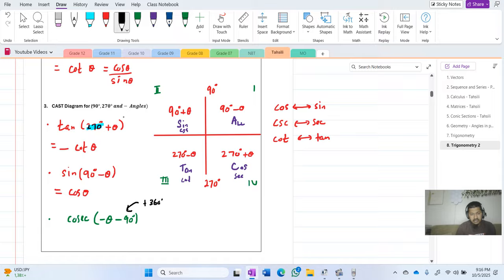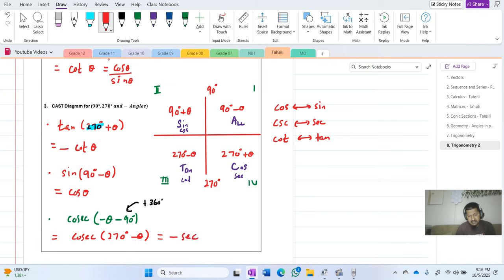So that becomes cosec of 360 minus 90 is 270 minus theta. Now 270 minus theta is in the third quadrant, and cosec is negative, so it becomes negative sec theta. I hope you guys understood that.